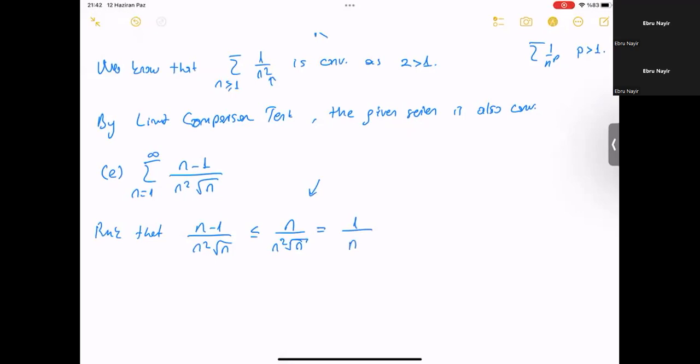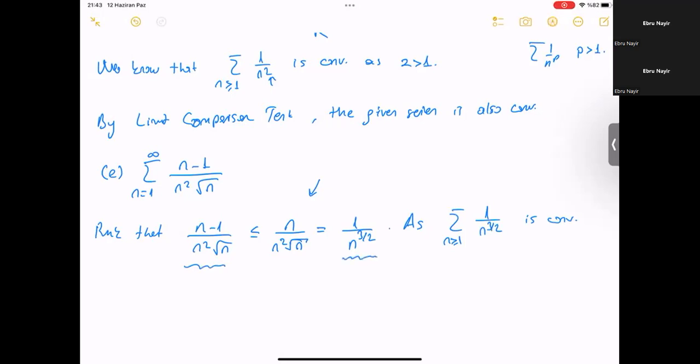And we can write this, if we simplify, as n squared times square root of n, which is equal to n to the 3 over 2, right? And we know this series is convergent. Again, p is greater than 1, so it's convergent. Then we have these terms which are less than these ones.